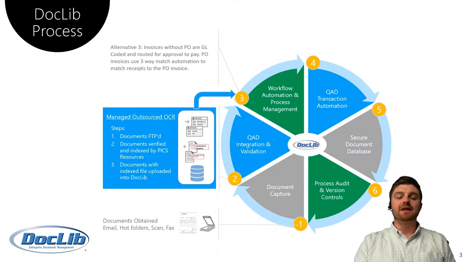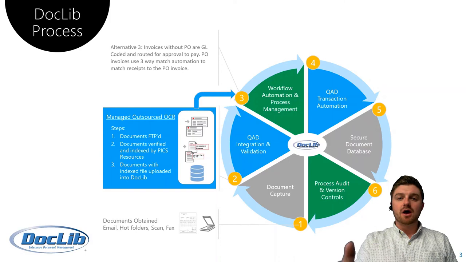This includes automatically performing the three-way match, like I mentioned, for a PO-based invoice, or automatically routing a no-PO-based invoice, such as an IT bill, to the appropriate department based off of dollar amount, to the department head, to the buyer for approval, depending on what your process is internally.